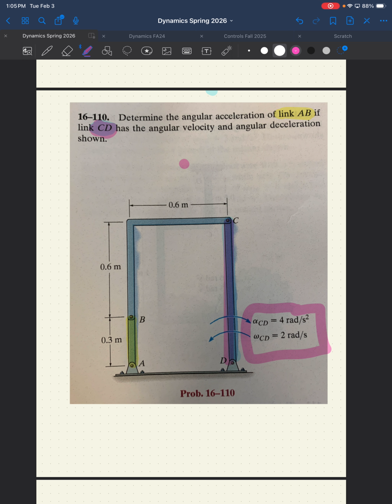Okay? But these rigid bodies are not just flying about all willy-nilly. They have these really important connections called pin joints. These pin joints mean that there is a common point that is shared on 2 rigid bodies. Okay? So the translational velocity of point B can be described as though it is attached to body AB, or it can be described as though it is attached to body BC.